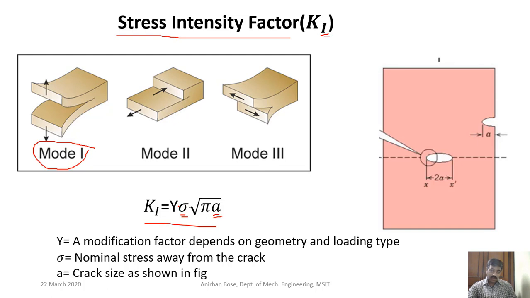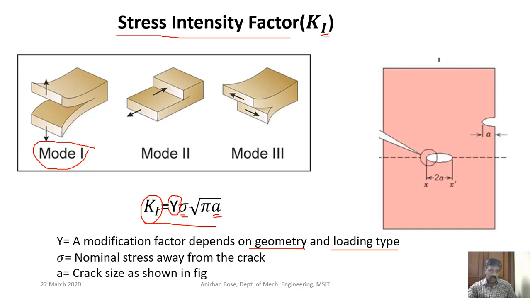And Y is a modification factor, which depends on the geometry or the loading type. Based on that, this can be found out, and then it is possible to calculate the stress intensity factor in a particular sample.